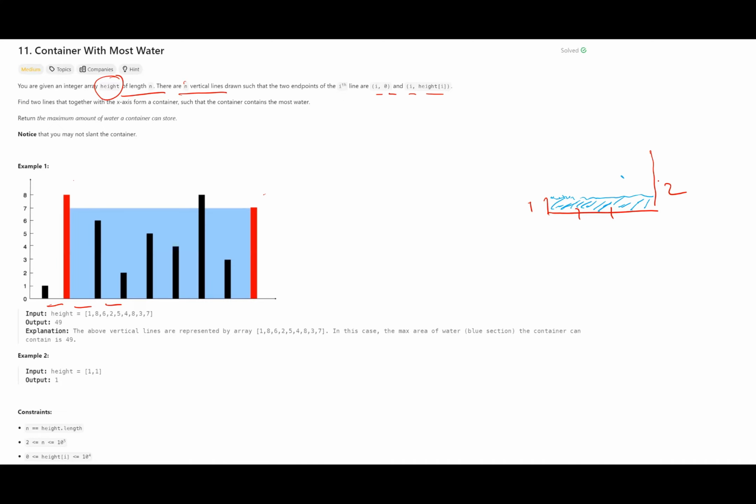So the amount of water is going to be the minimum of the two walls, that is 2 and 1, into how many indices are in between, 3. So 1 into 3 equals 3. Okay, so you got what I am trying to say. Now we have to find those two walls which in between them contain the highest amount of water.